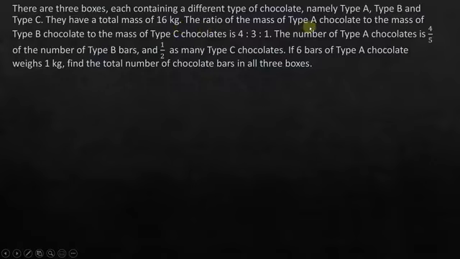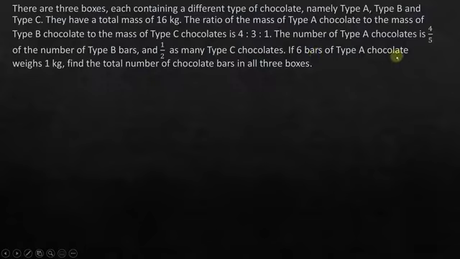The ratio of the mass of type A chocolate to the mass of type B chocolate to the mass of type C chocolate is 4:3:1. The number of type A chocolate is 4/5 of the number of type B chocolate bars and half as many type C chocolate bars.